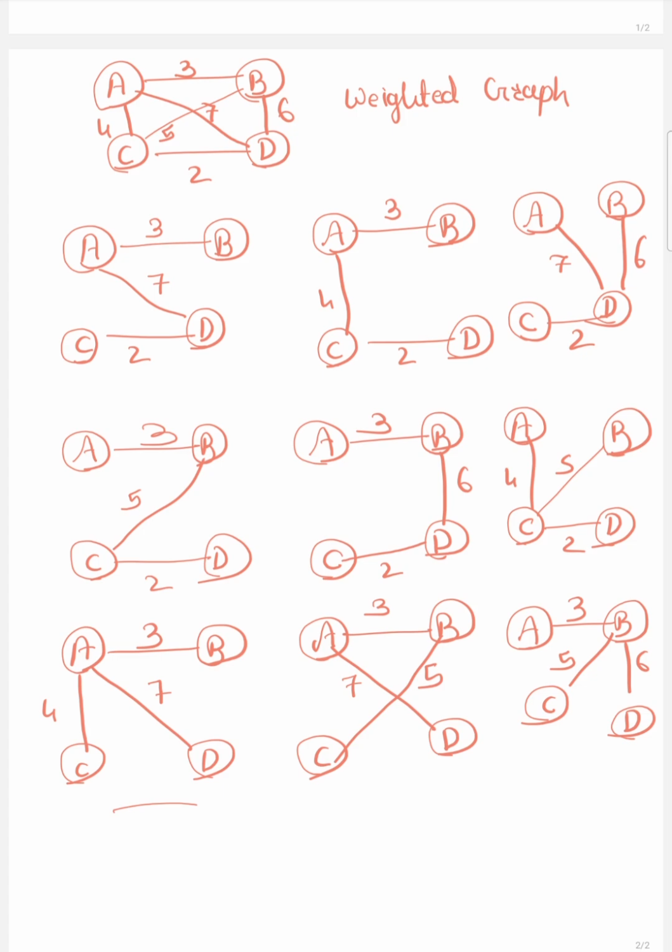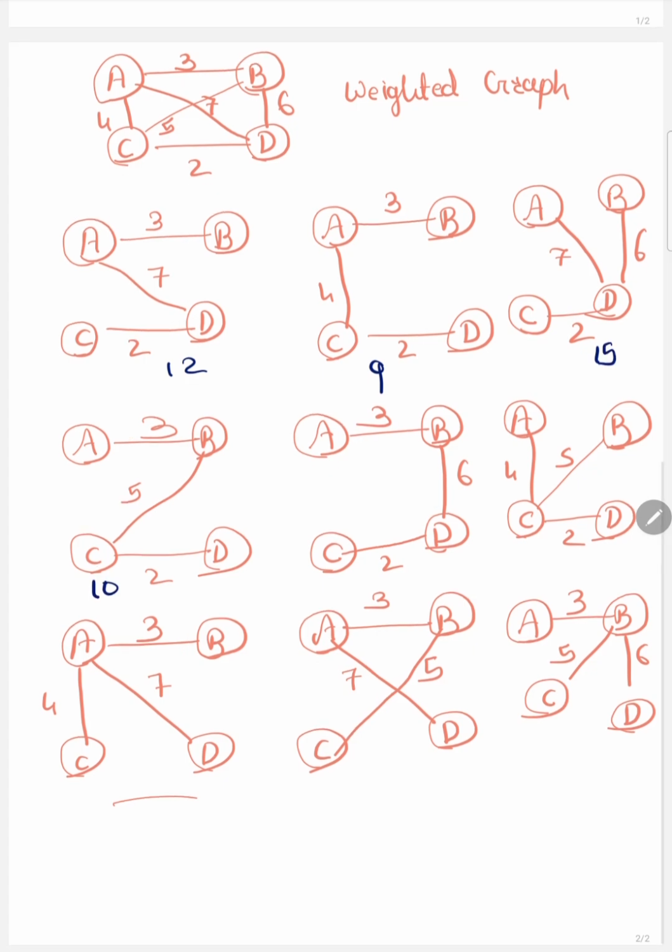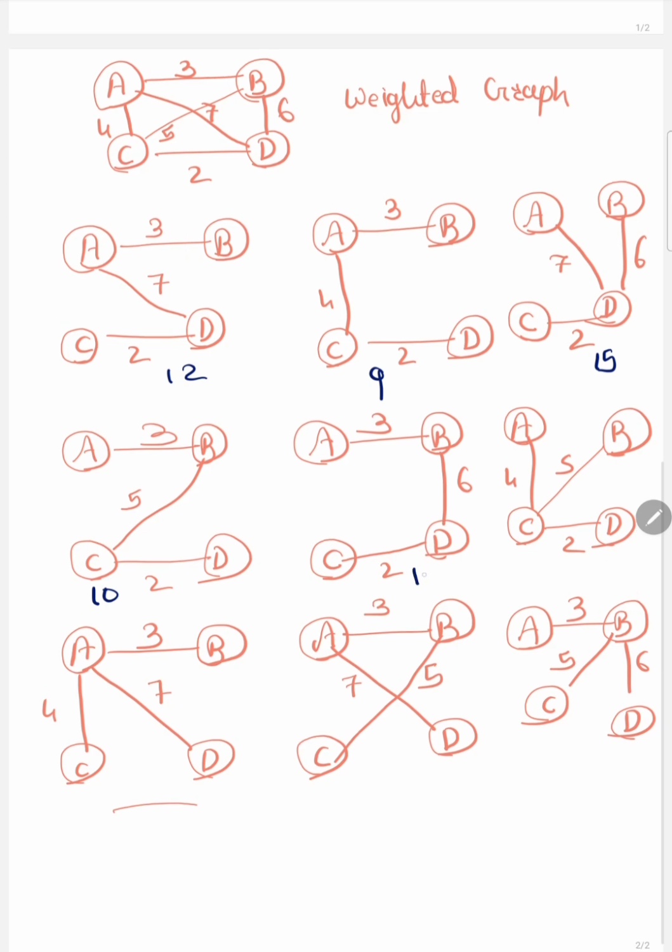cost. So for this it's 7 plus 5, that's 12. For this it's 9. Here we have 7 plus 6, 13, and 2, 15. Then for this 10. Then this is 6 and 5, 11. For this again 11.